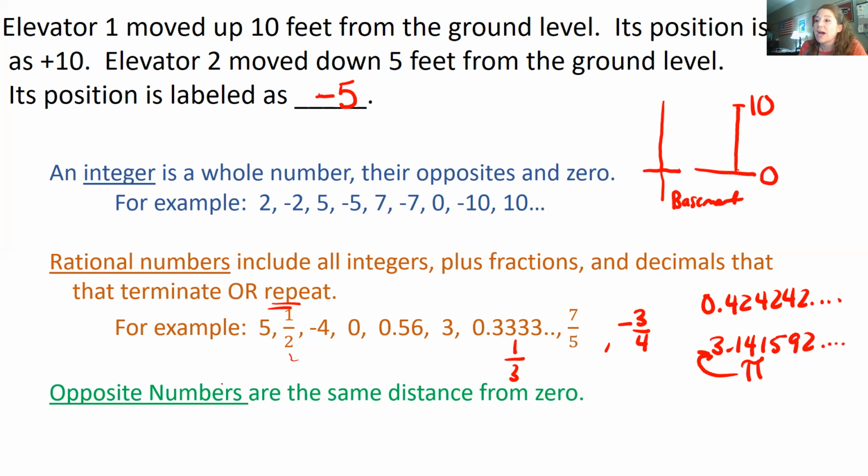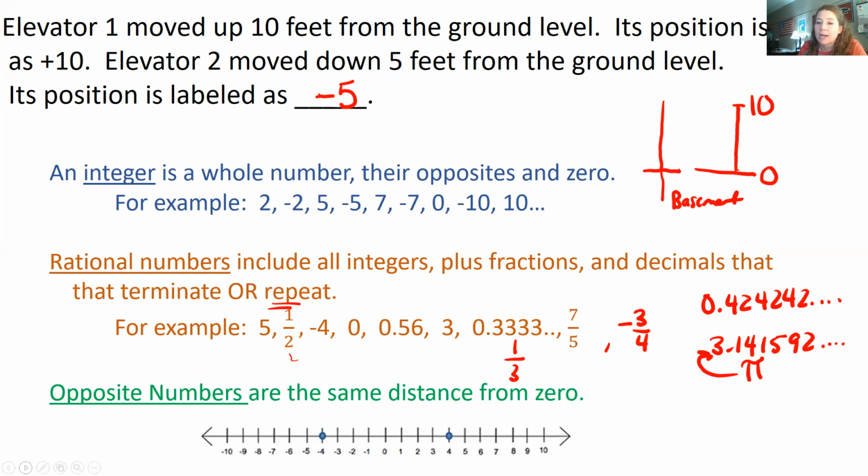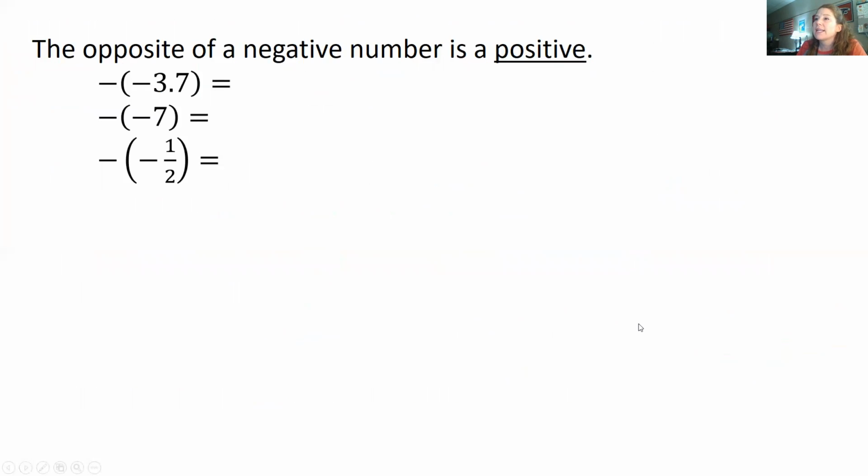And then, of course, we know that opposite numbers are two different numbers that are the same distance from 0, like -4 and +4. Both of those numbers are 4 spaces from 0 in opposite directions, right? So what's the opposite of 10? -10. What's the opposite of 20? -20. Now, the opposite of a negative number is a positive number.